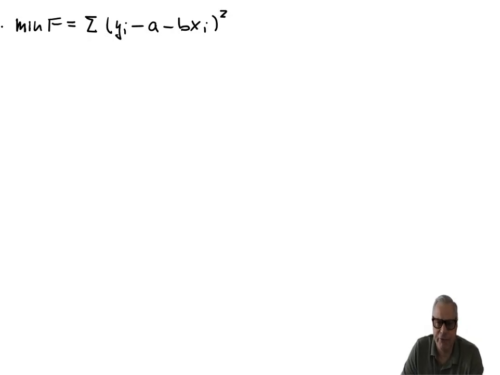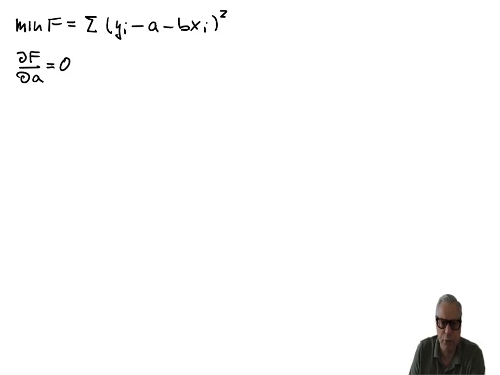Now I have to minimize with respect to a and b, and the first order condition is that we have to find the first derivative with respect to a and set that equal to 0. With the derivative rules for sum signs, the important thing is that whenever you derive, something that is a constant goes in front of the sum sign.